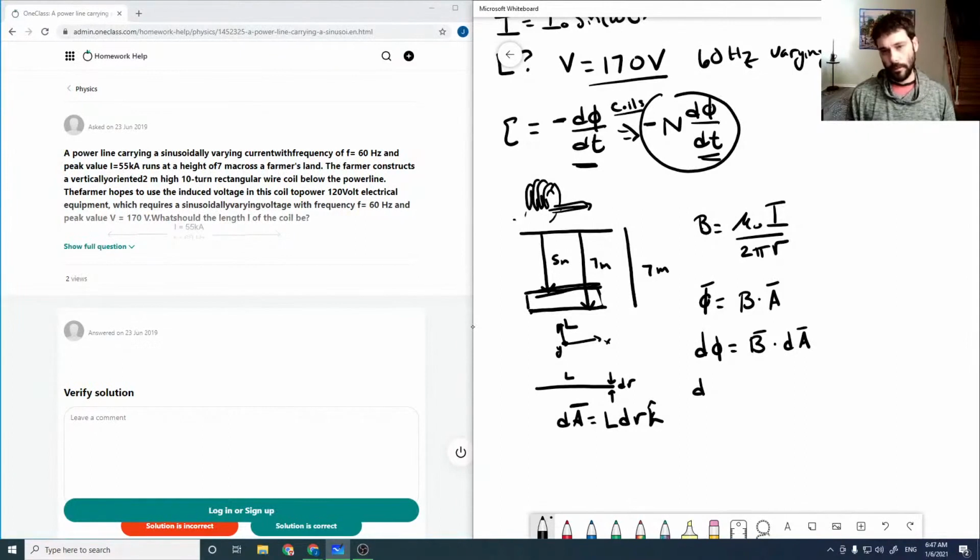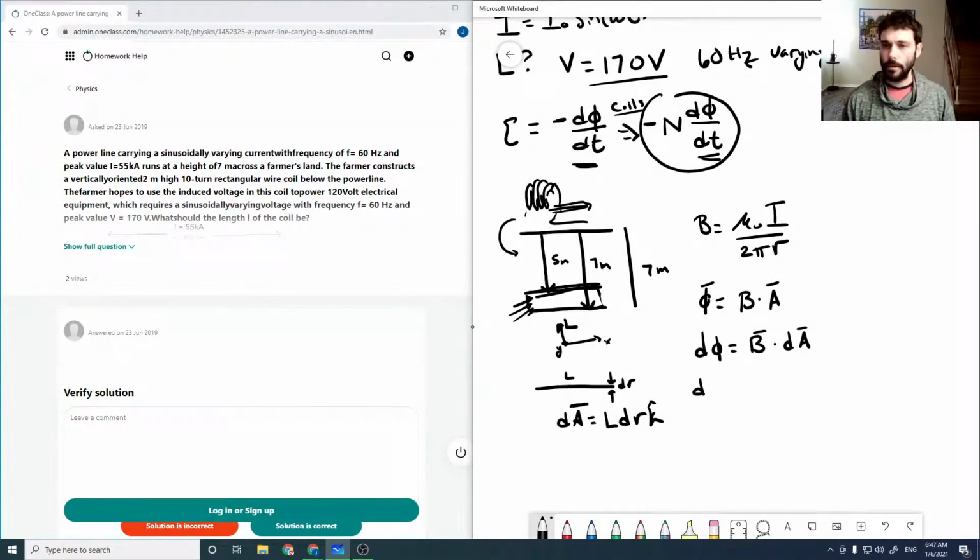So that means that approximately at the area the field will be going into the page. So my B field is either minus k or plus k, depending on how the current is varying.